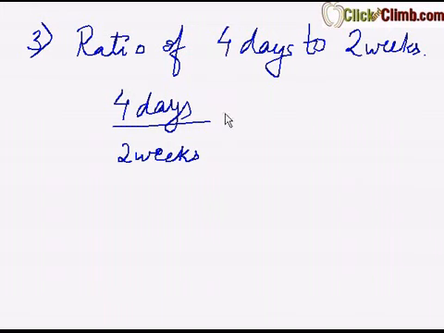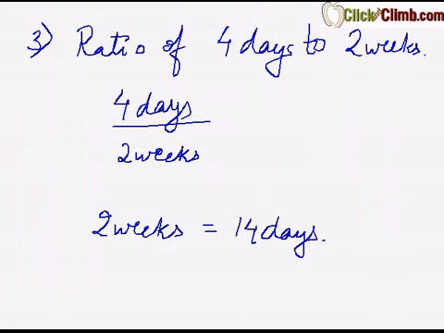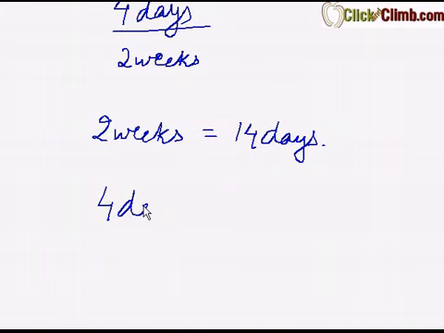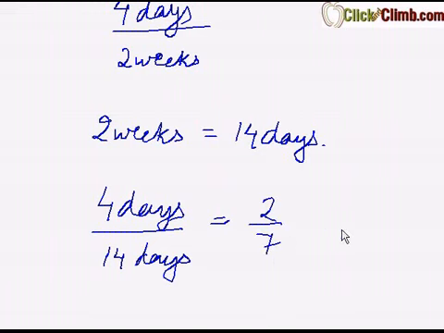Here the quantities are different: one is days and the other is weeks. So I change the 2 weeks into days. 2 weeks equals 14 days. Now I can find the ratio for 4 days to 14 days. That would be 2 over 7, or I can simply say 2 is to 7.